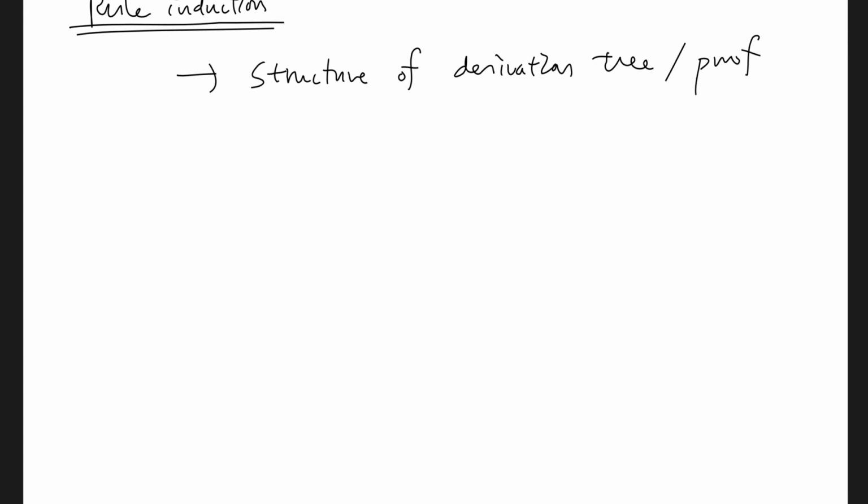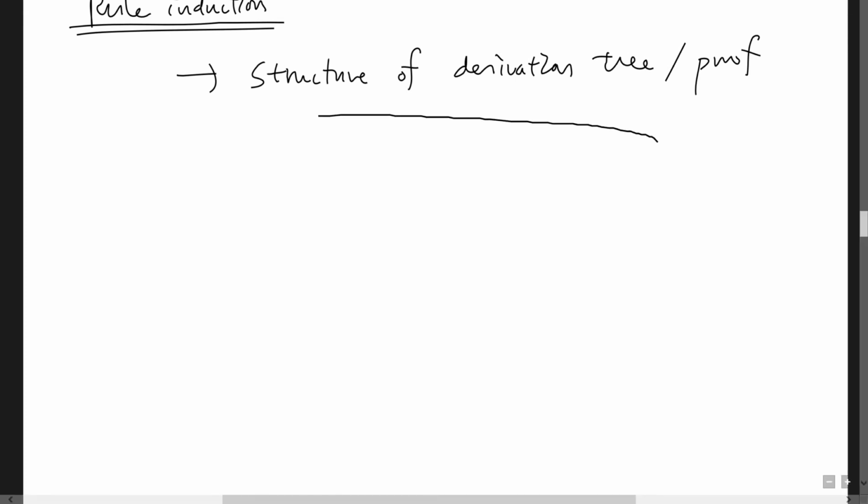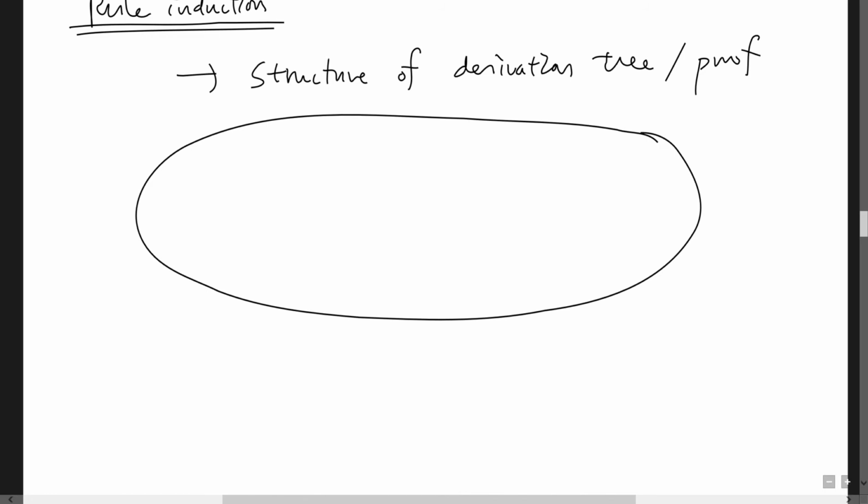So here's the basic idea. Suppose that we have a system of inference rules consisting of two rules. The first is the base rule. So we have a judgment JB. Let's call it rule base.